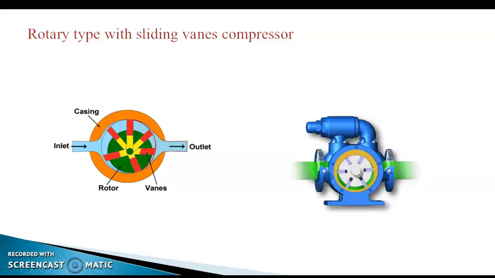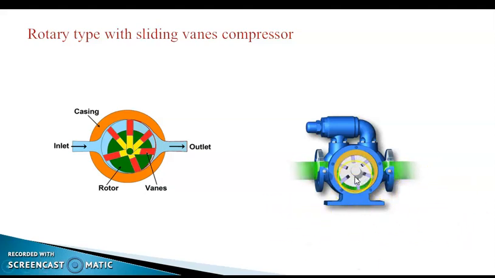This rotary blade type rotary compressor consists of a cylinder and a slotted rotor containing a number of blades.